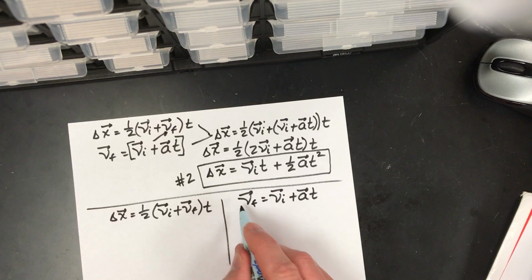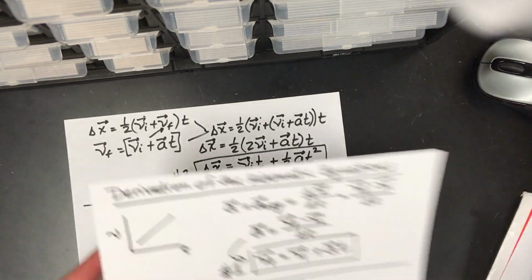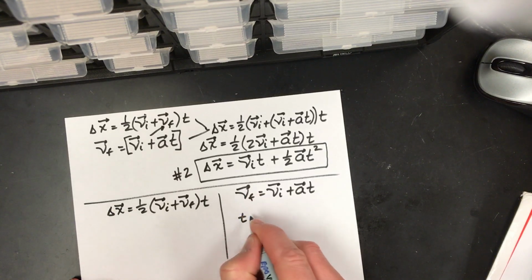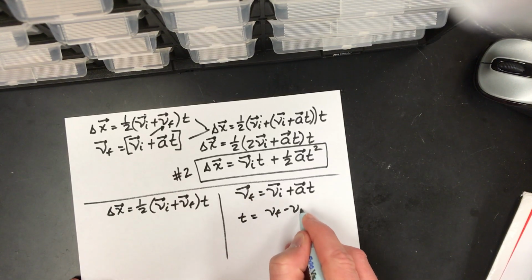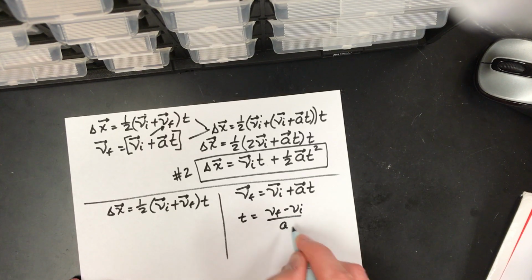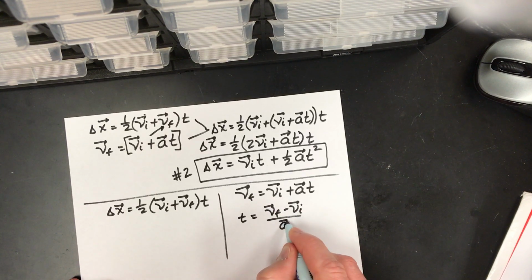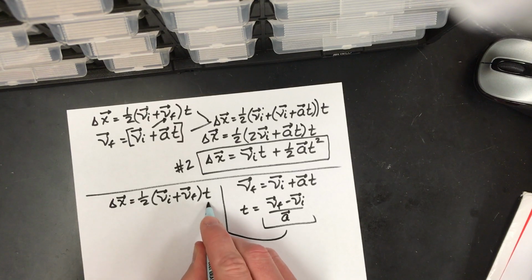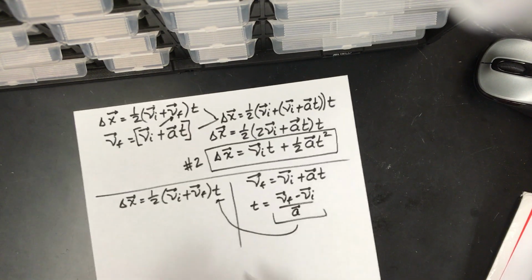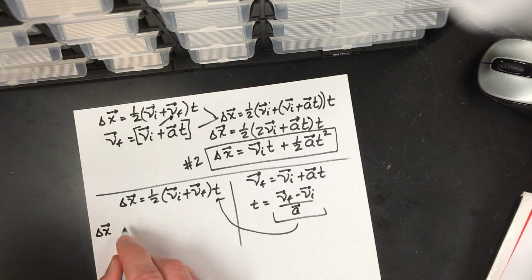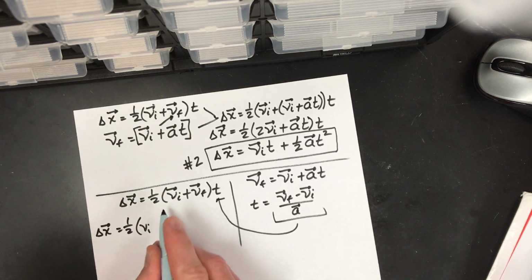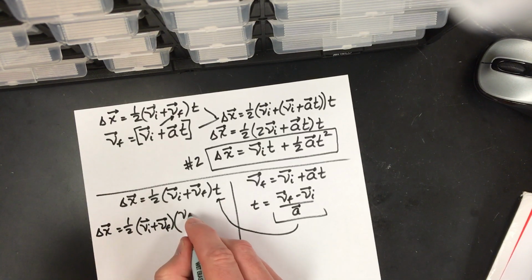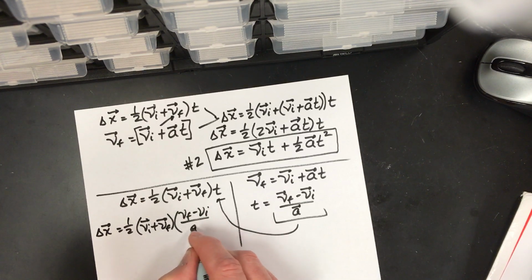If we take our number one equation and solve for time, we have t equals Vf minus Vi divided by a. And now we can substitute this in for that value right there. And here's what we end up with: delta x equals 1/2 Vi plus Vf times Vf minus Vi all over a.